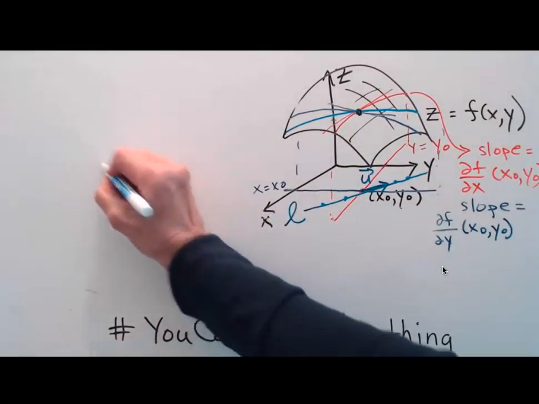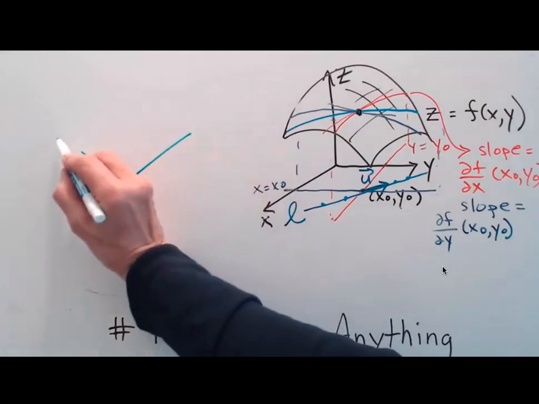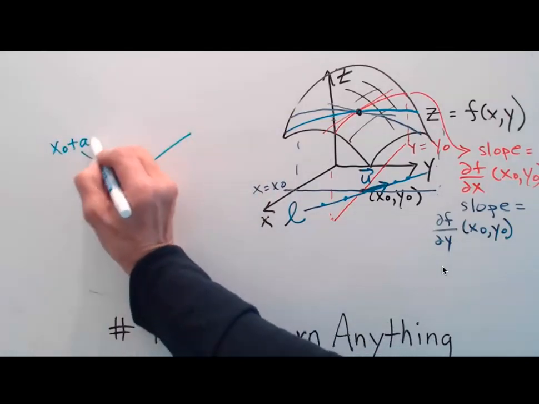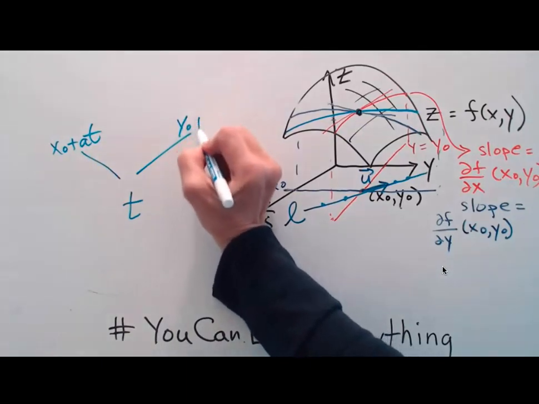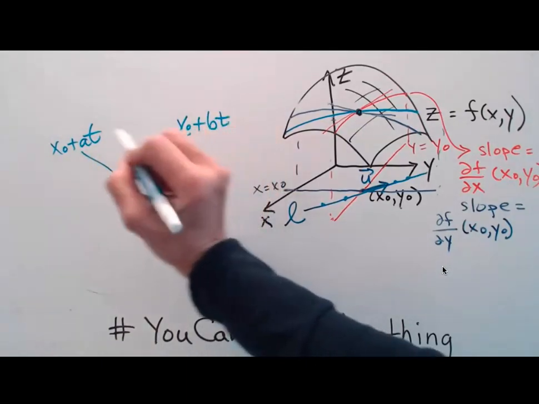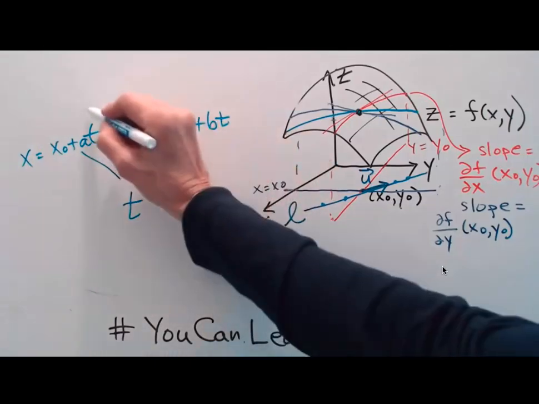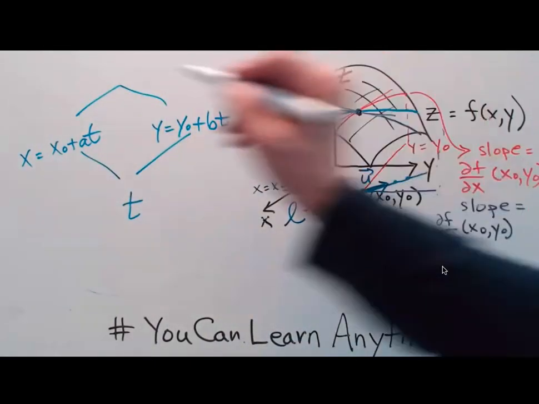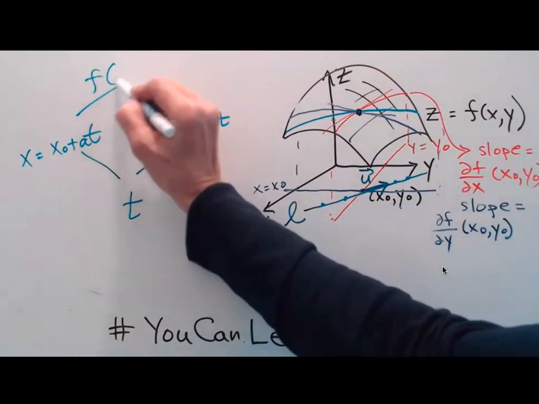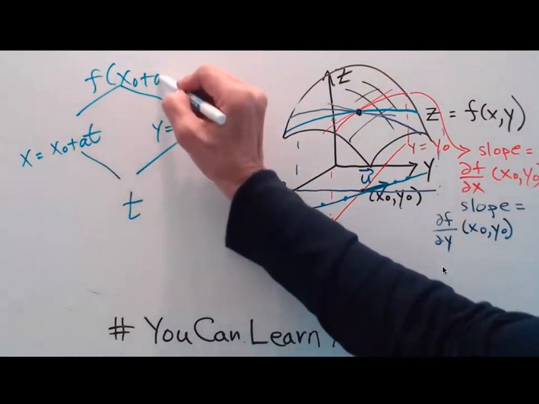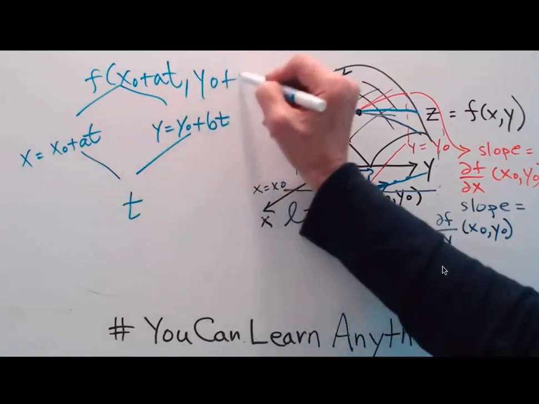Once we pick t, we get 2 coordinates, x naught plus at, y naught plus bt. This is x, and this is y. And then we plug those in, and we get f of x naught plus at, y naught plus bt.